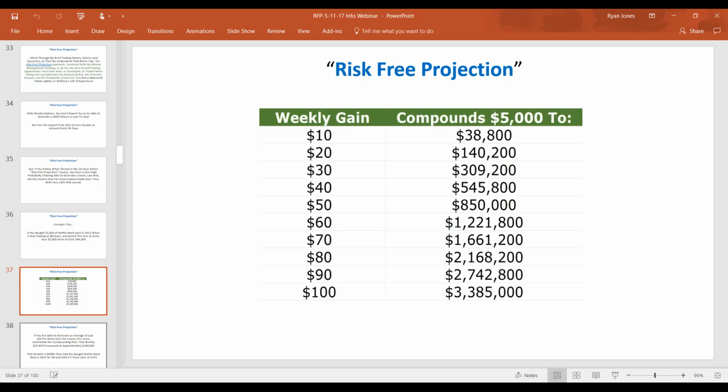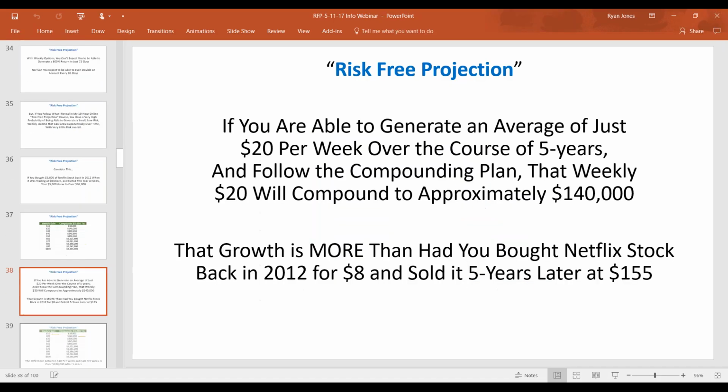So this makes it very, very clear what a trader's goal should be. I mean, we can go up to 100. If you can average $100 a week, non-compounded, over the course of 5 years, you're talking about just a ridiculous amount of compounding. And this has never been available before now in this manner, because you just could not generate this kind of consistent income with such low risk before these weekly options made themselves available.